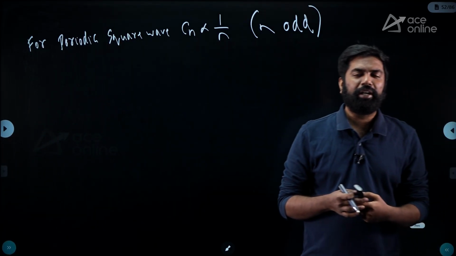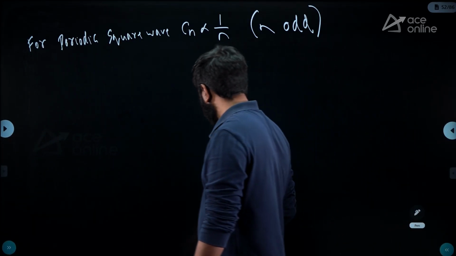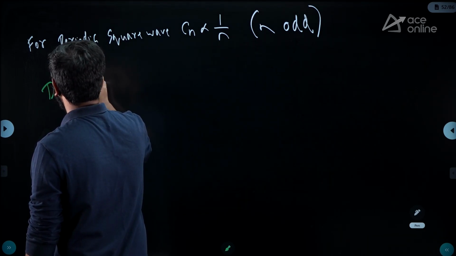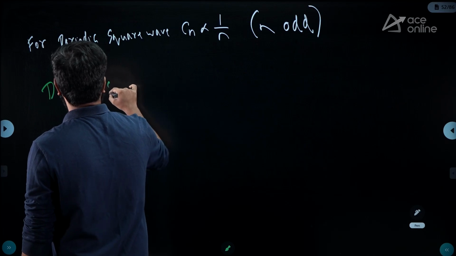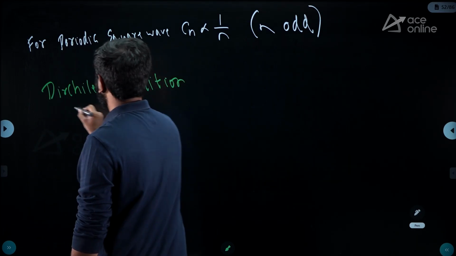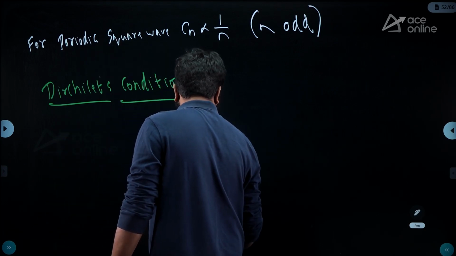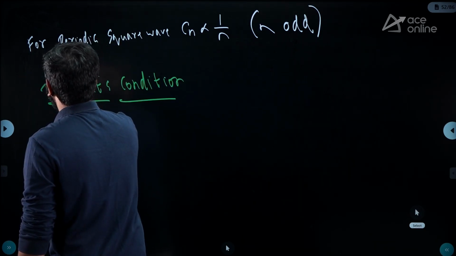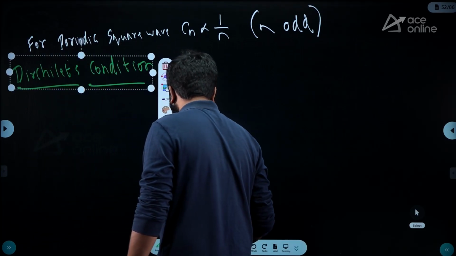Do you people remember the Dirichlet conditions, students? Let me highlight the Dirichlet conditions. Theoretical questions were asked from Dirichlet conditions, you know. Every periodic signal may not have a proper or valid Fourier series representation.